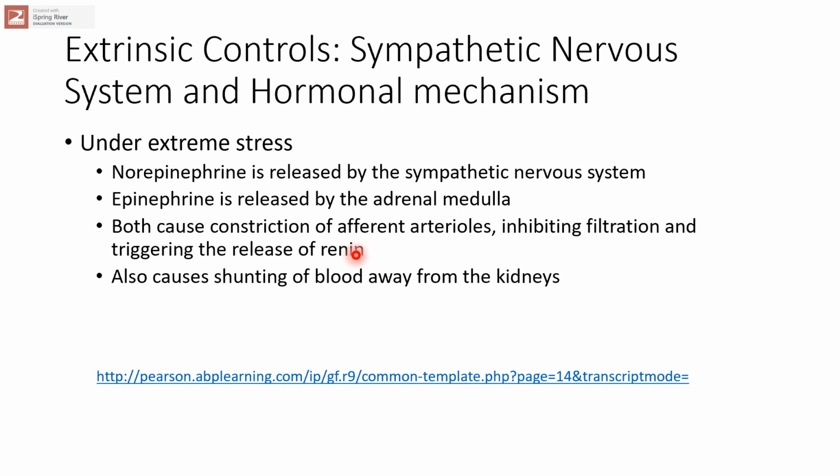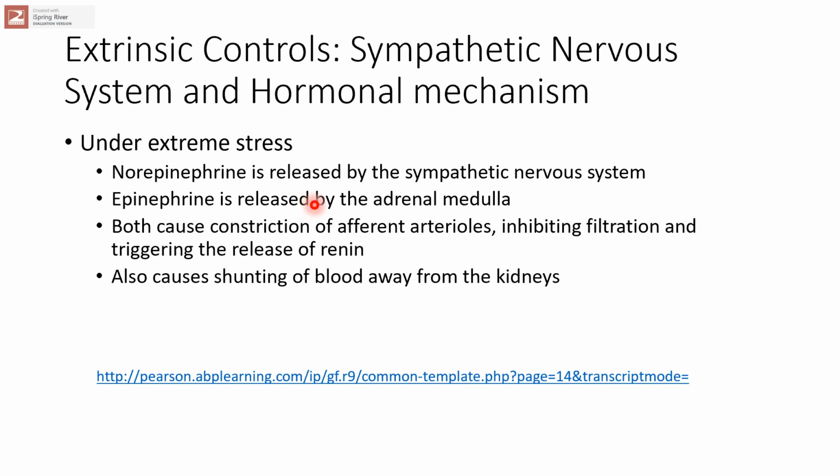So renin, when it's released, helps in lowering the glomerular filtration rate, but it affects the blood pressure differently. Okay, so keep this in mind. When the blood pressure increases, the afferent arterioles get constricted and the efferent arteriole gets dilated.